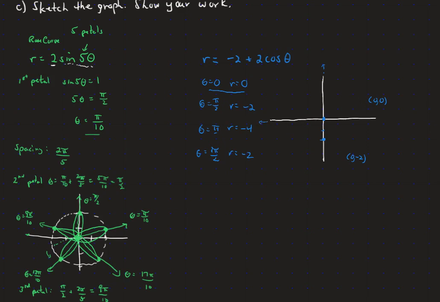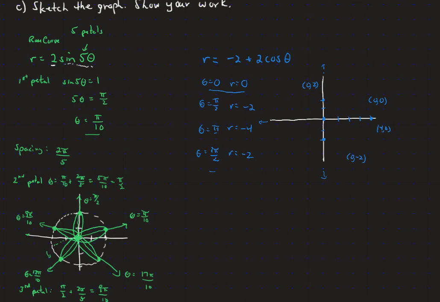A negative 4 is going to shoot us back through the pole and put us actually at 4, 0. Kind of crazy. Now we're going to be at 3 pi over 2, which is down here, but a negative 2 is going to put us back up here, which we'll call 0, 2.